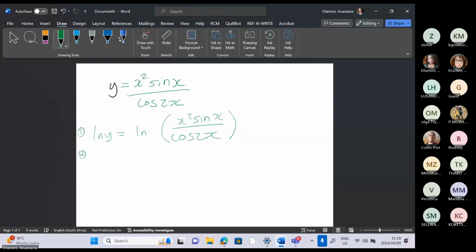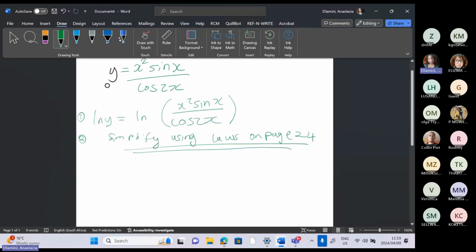Second step, simplify using the laws. Let me write on page 25, and the ones that you learned previously in previous grades. Simplify using the laws of logarithms.